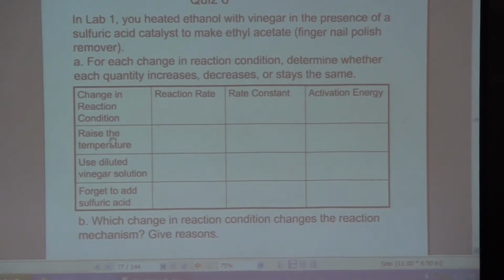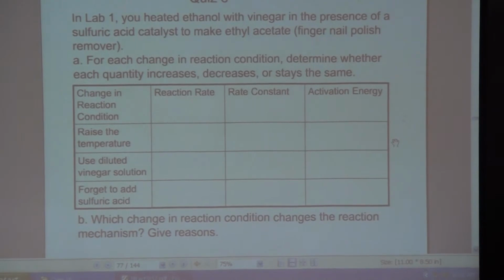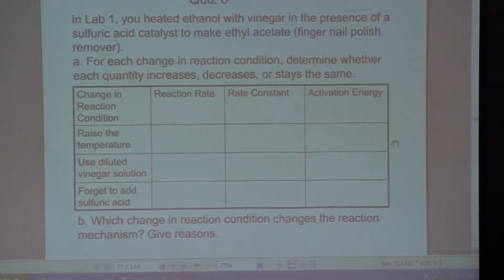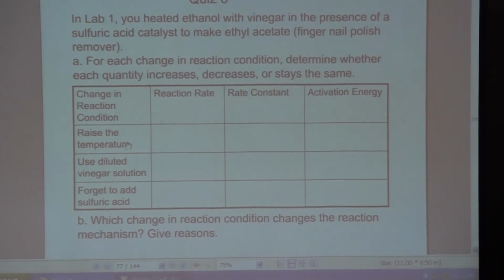That is, those sequence of steps by which bonds break or form. Nope. Okay, so it's not going to change. So note again, you raise the temperature, rate constant increases, the activation energy stays the same, and the mechanism is going to be the same too.